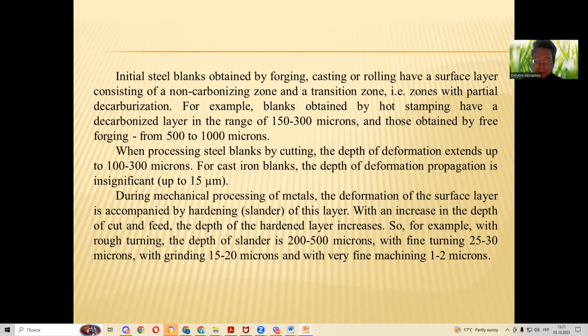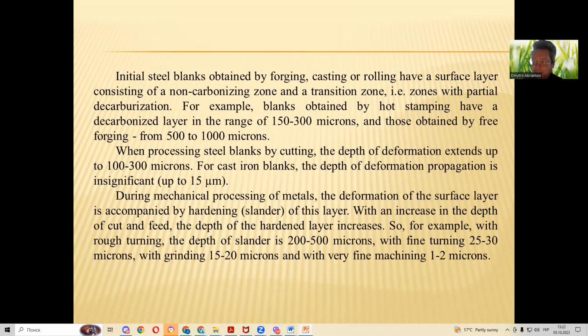During mechanical processing of metals, the deformation of the surface layer is accompanied by hardening of this layer. With an increase in the depth of cut and feed, the depth of the hardened layer increases. So, for example, with rough turning, the depth is 200-500 microns.